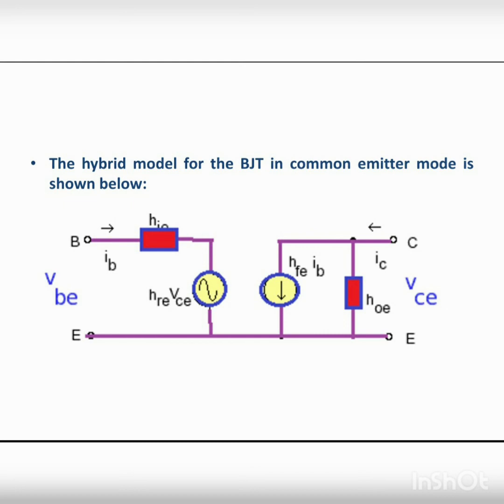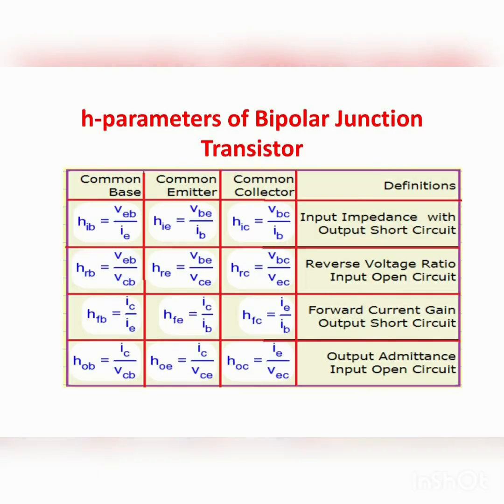HRE VCE is the input voltage source. HFE IB is the current source, where the equivalent current source is replaced. This is the final circuit for the hybrid parameter model. IB is the base current, IC is the collector current. We can measure VCE and VBE.